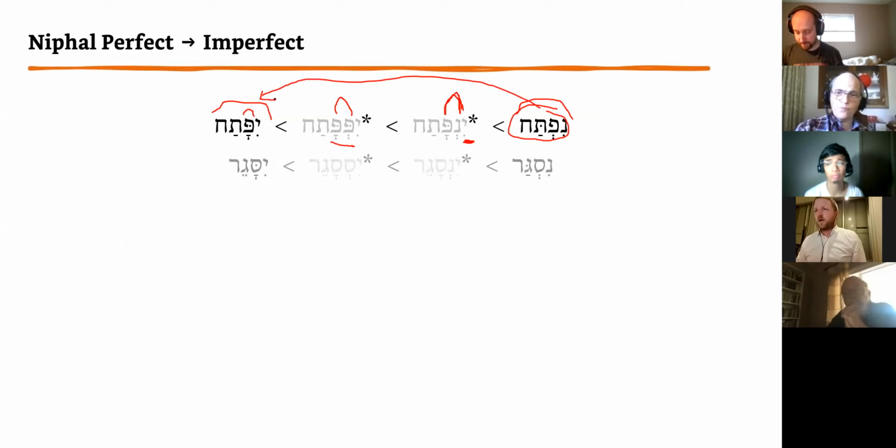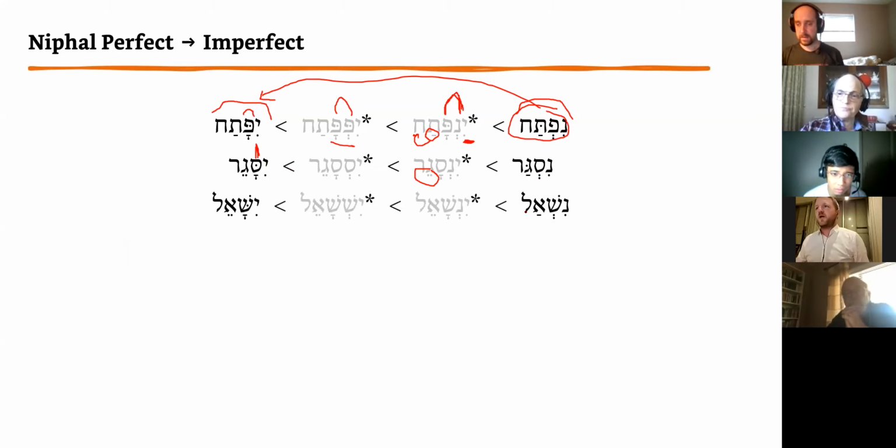Okay, I'm going to look at a couple of other examples. Nisgar, yin-sager. The normal vowel in the 3rd syllable there is an e. The normal vowel is e. When it comes before a guttural, it's a. Okay, yin-sager, yis-sager, and it becomes doubled with dagesh forte, yissager.